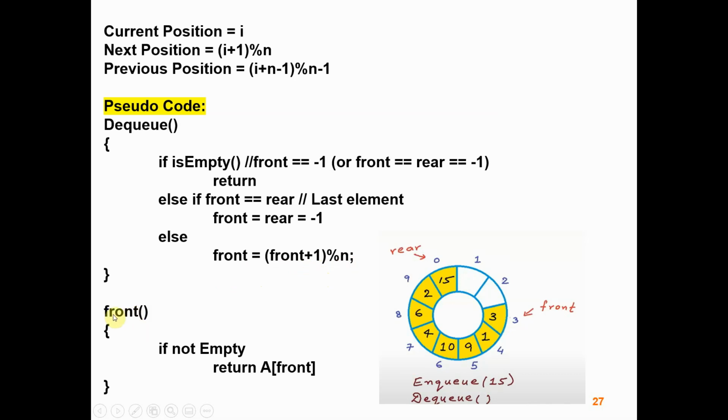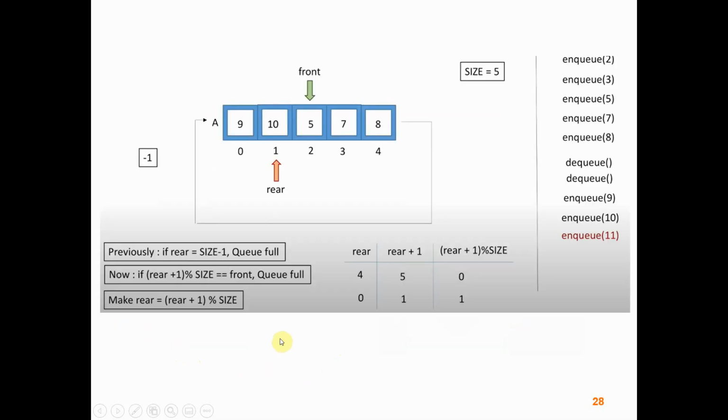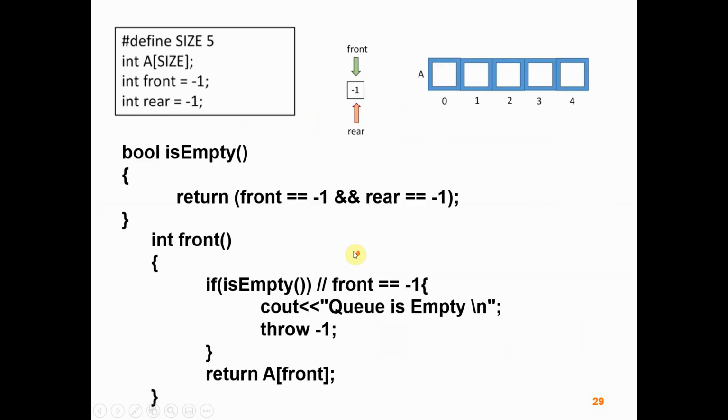If you want to return the front, check that the queue is not empty, otherwise return the front. And this shows the concept of the circular array, how the enqueuing works, how the mod operation works, and so on.